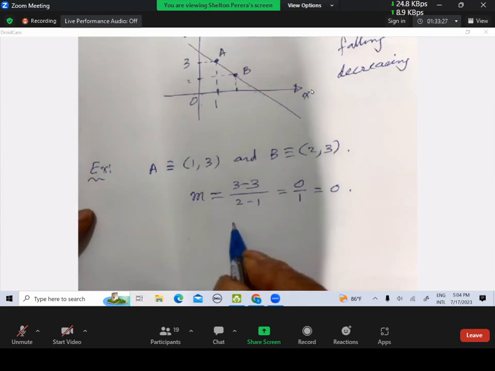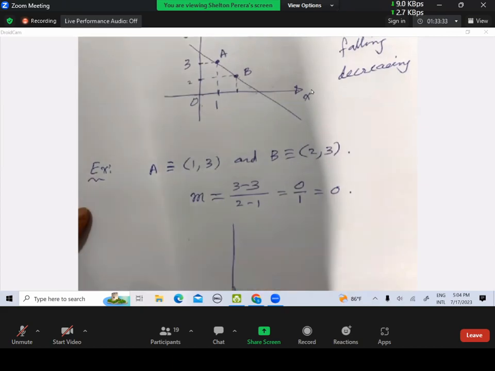When you join the 2 points, it will look like this line.